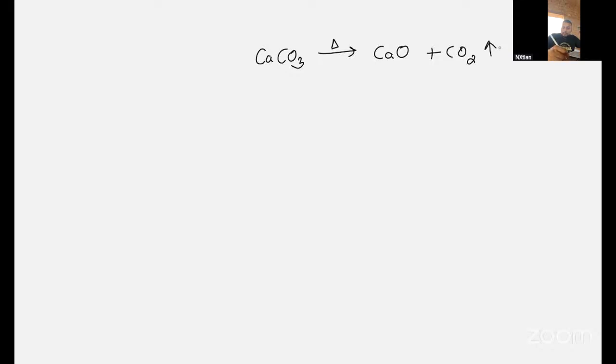Did you understand? Yes, sir. Sometimes this carbon dioxide gas is released into the atmosphere, and when you measure, you will find some difference. But it's not like that. We have to calculate the amount of gas also. So in this, we're going to learn all this. Did you understand? Yes, sir.